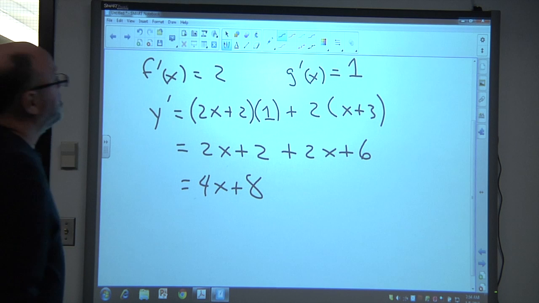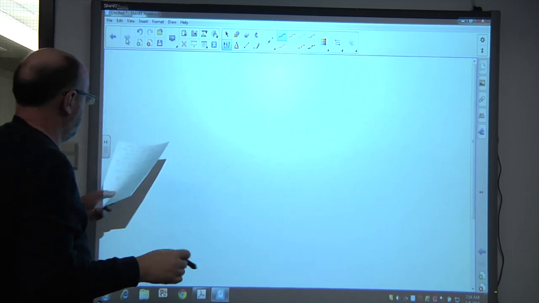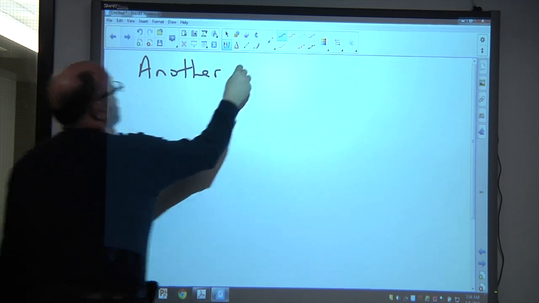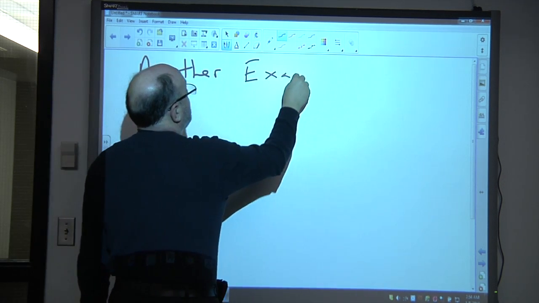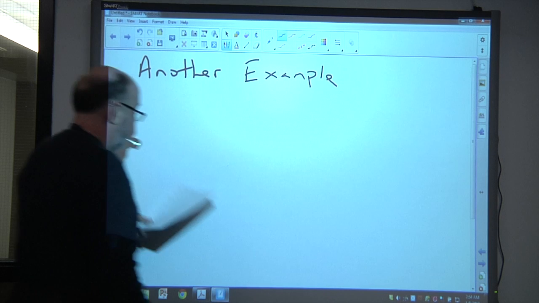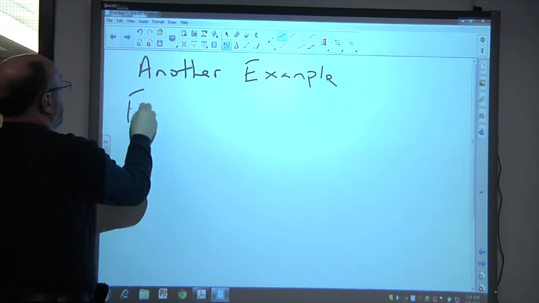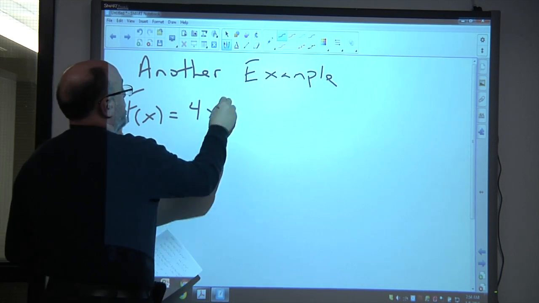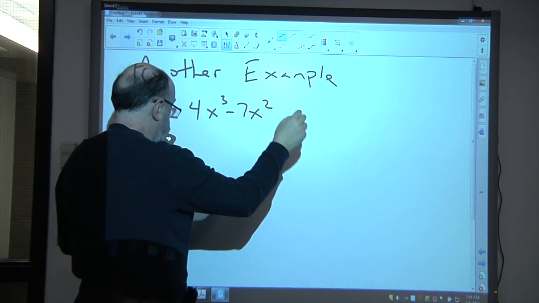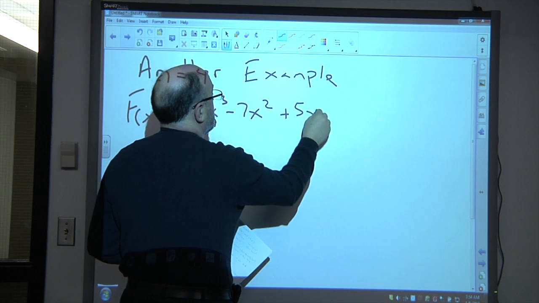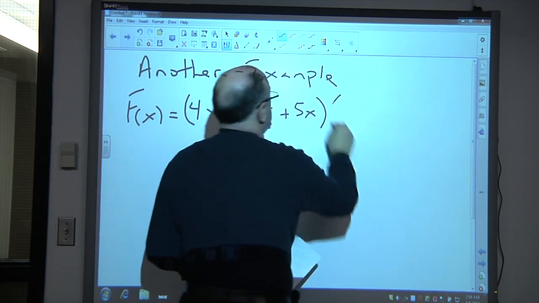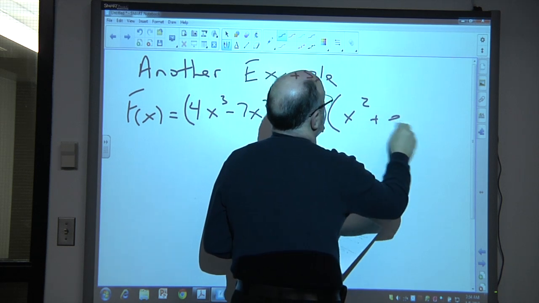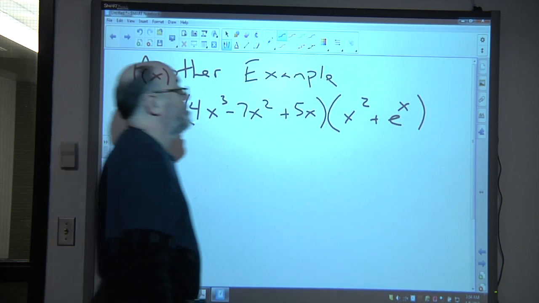So let's go through another example of this. This time, let's say we have y equal to 4x cubed minus 7x squared plus 5x, times x squared plus e to the x.